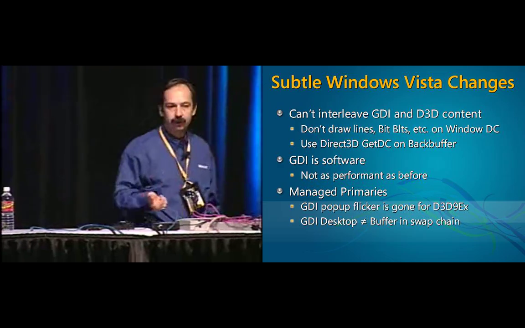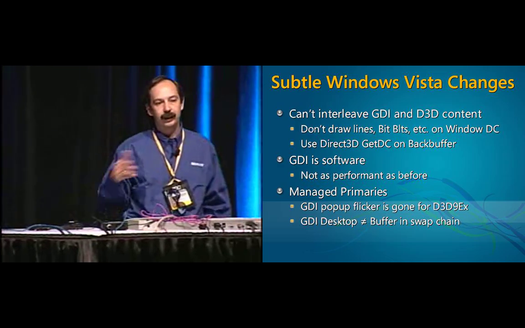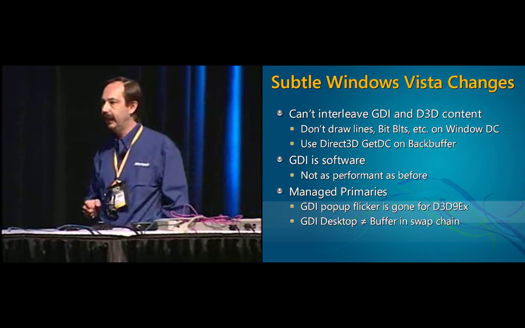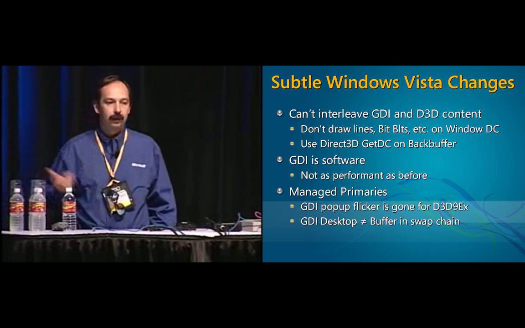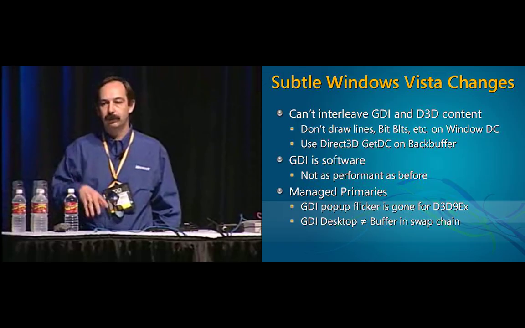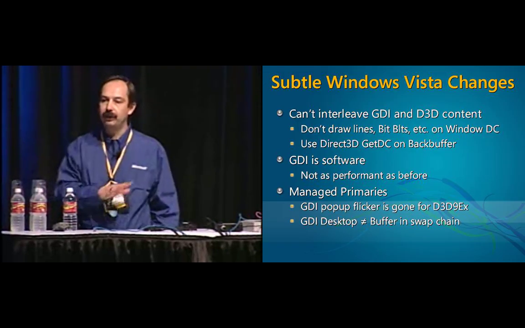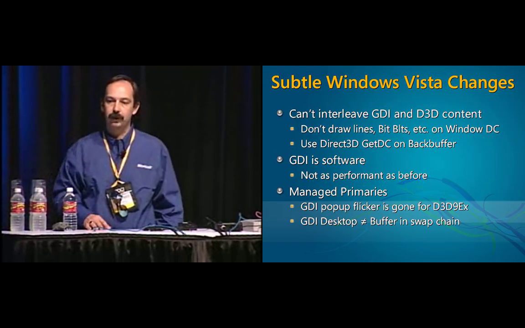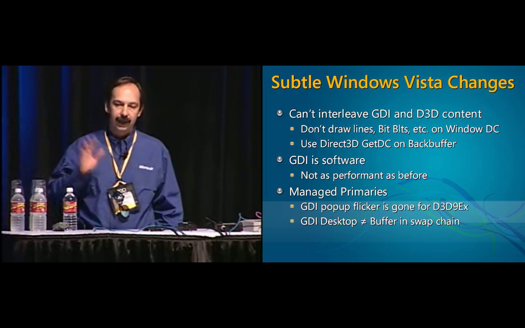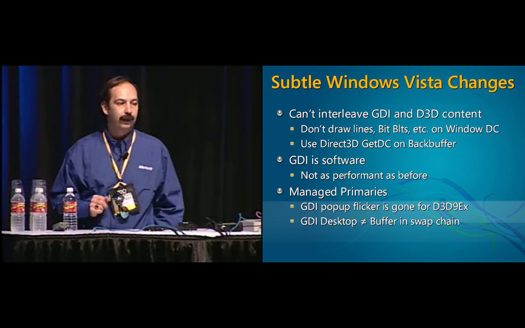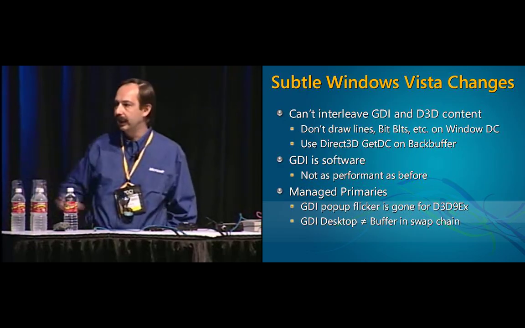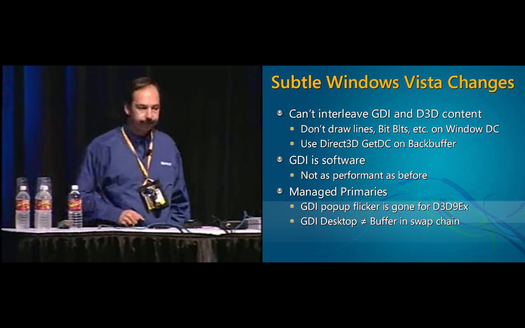Your applications that are written to D3D9, currently available through the DirectX SDK, will continue to run. We're going to emulate all the behaviors of the previous OSs so that your application doesn't have to change. If you want to take advantage of the virtual memory and not have to have a shadow copy of your textures and stuff in memory, you have to actually use D3D9Ex, and I'll talk a little bit about that one.